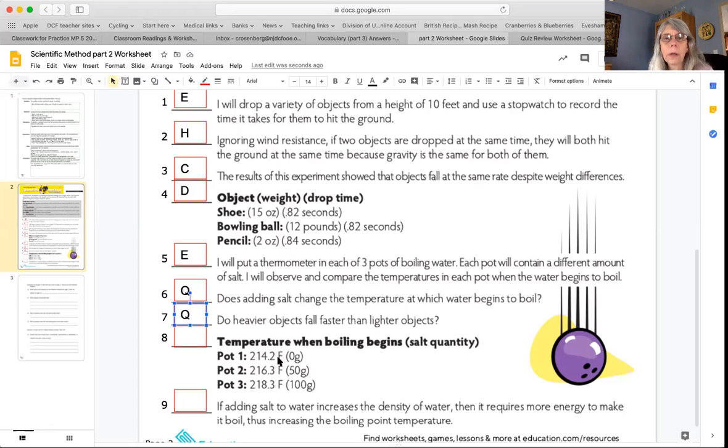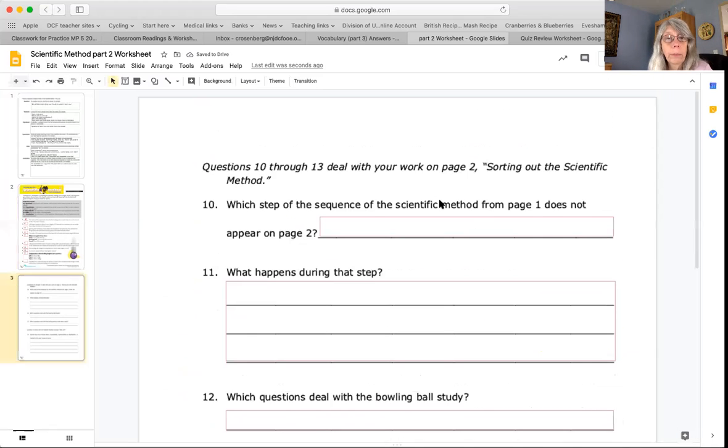Okay, so we need to think about that a little bit too. Now here we have numbers, and here we have more numbers, and these numbers change as these ones change. That sounds like a perfect line graph. So that would be another way to show these data if you were writing this up as a lab report in class.